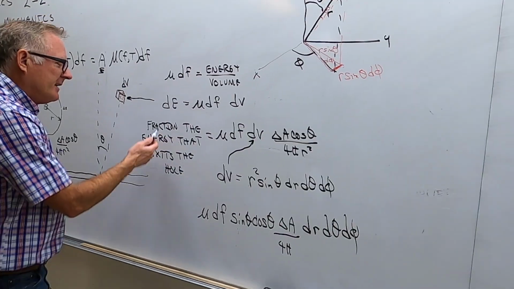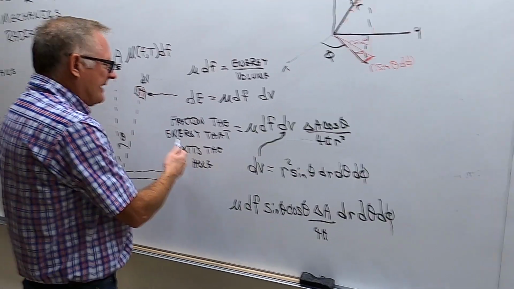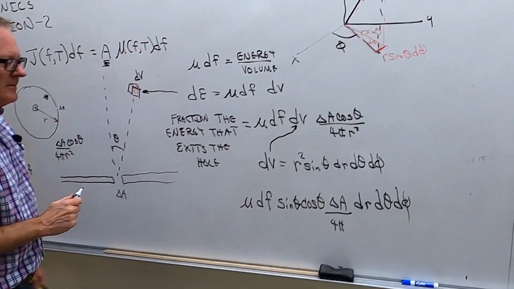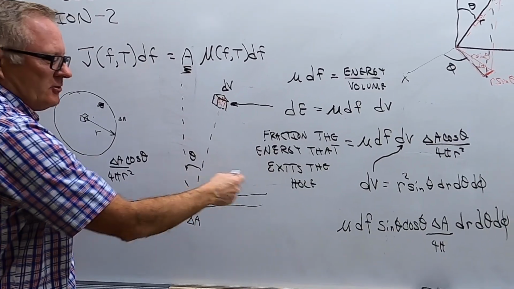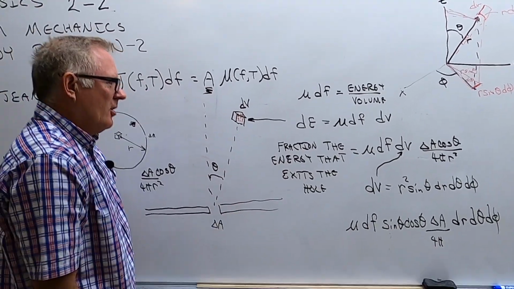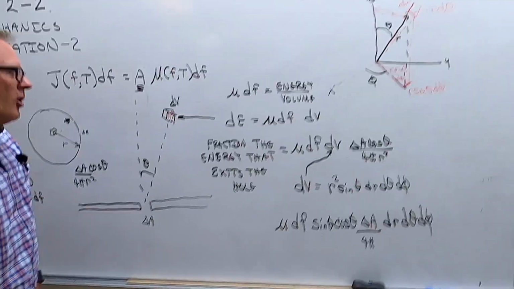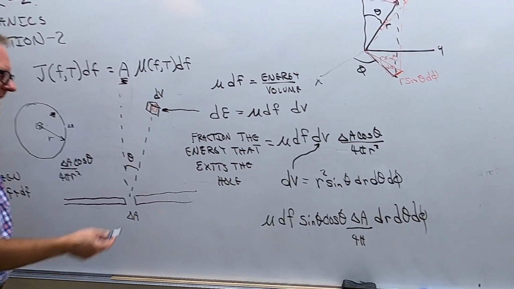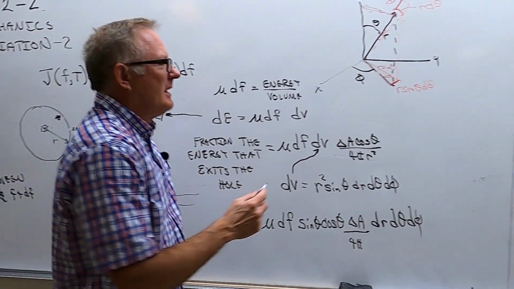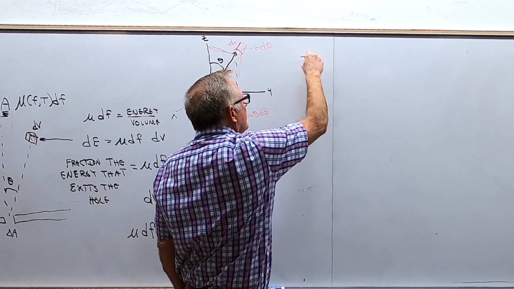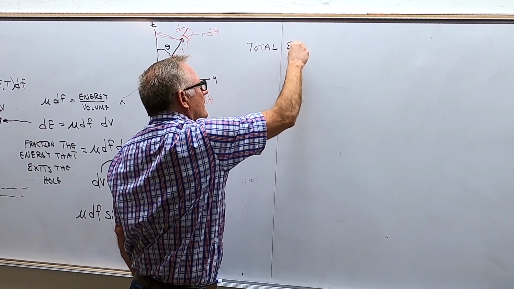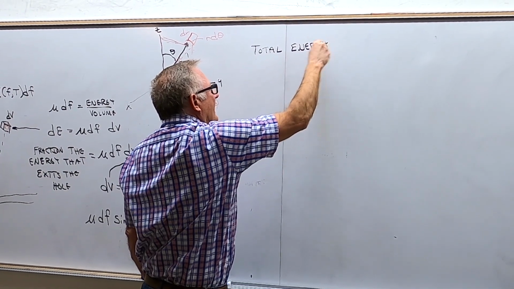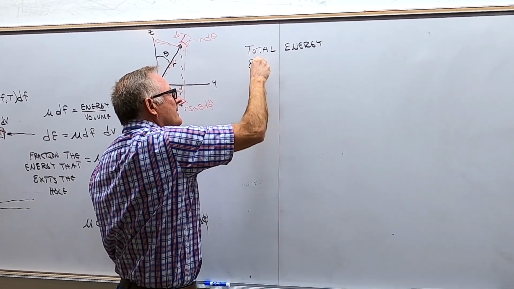Okay, so there is, again, the fraction that leaves out of here. Now I'm just going to add them up for all the pieces. So I just have to integrate that. So this would now be the total energy exiting the hole.